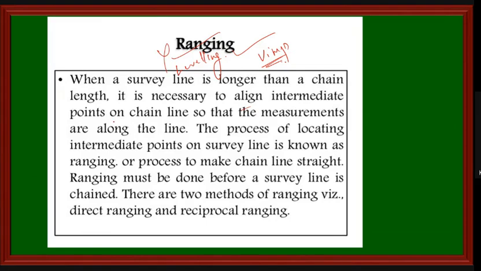So what is ranging? When a survey line is longer than a chain length, it is necessary to align intermediate points on the line so that the measurements are along the line.